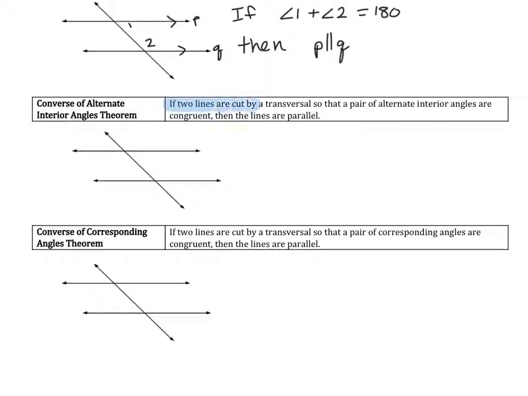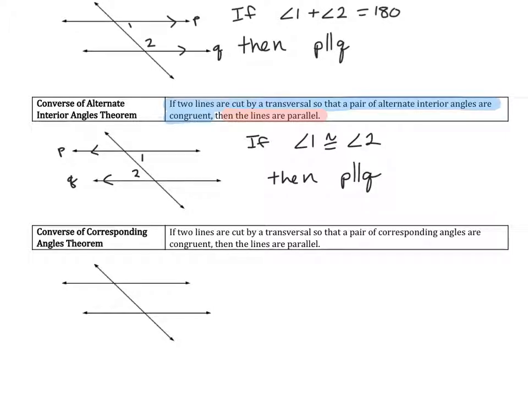It says if two lines are cut by a transversal so that the interior angles are congruent, then the lines are parallel. So if we can prove that angle 1 is congruent to angle 2, then we could show that line P is parallel to line Q.